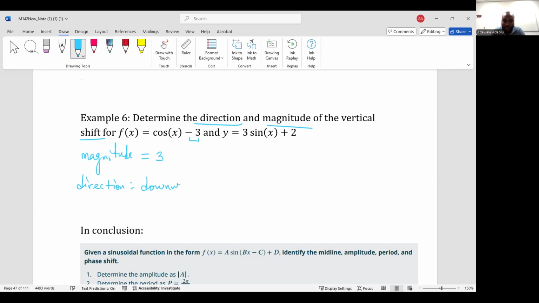How do I know? Because it is negative. So it is a vertical shift downward. Now, what about this? In this case, the magnitude is 2, and the direction is upward. So there is a vertical shift upward, that is above the midline.